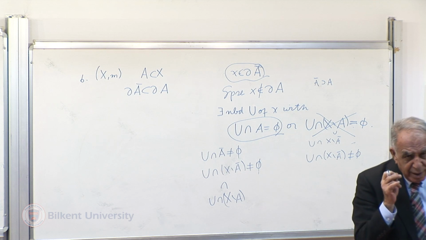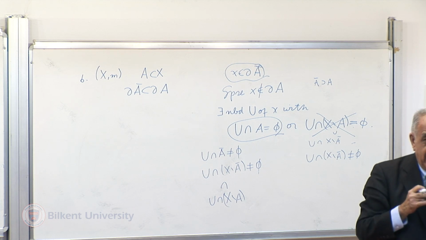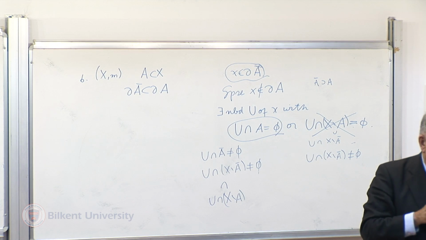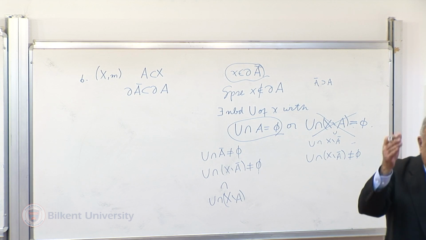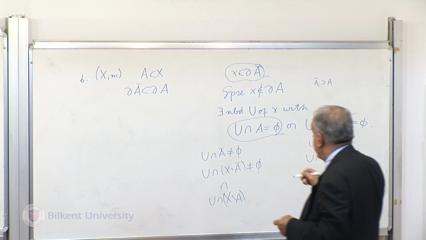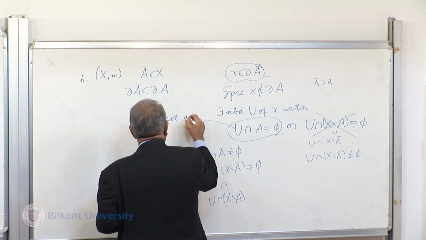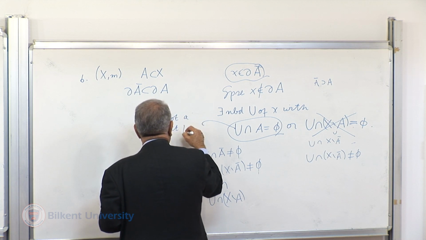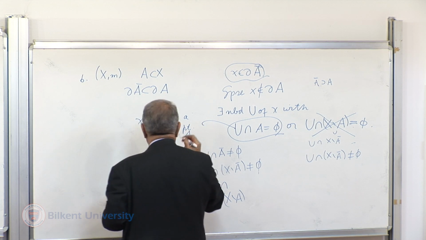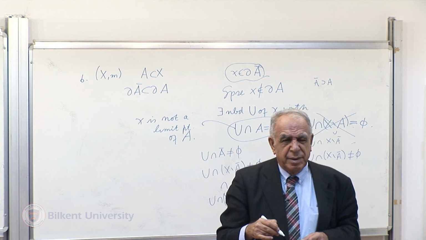You have some x which has a neighborhood which has an empty intersection with A. This means x is not a limit point of A, because a limit point means for any neighborhood U of that point, that has to have a non-empty intersection with A. So this means x is not a limit point of A. But what's the set of all limit points of A?